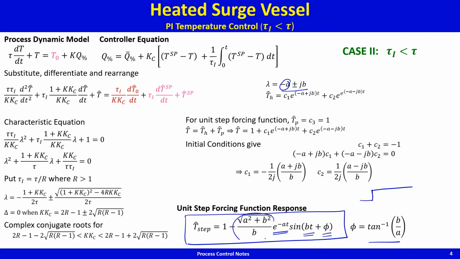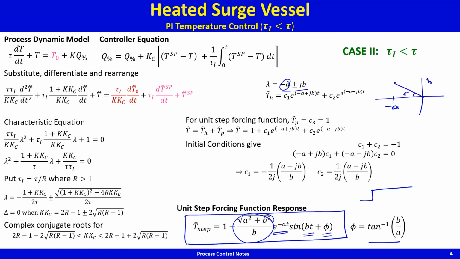And this guy is actually, if you look at this guy, you've got the angle phi, this is a and this is b, and so this is a plus jb. Or if you look at the complex conjugate roots, the complex conjugate roots are on the complex plane, the roots are minus a plus jb and minus a minus jb. So we'll just look at minus a plus jb.